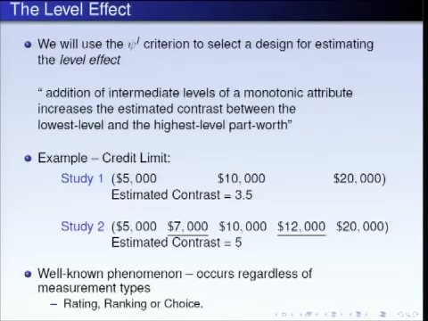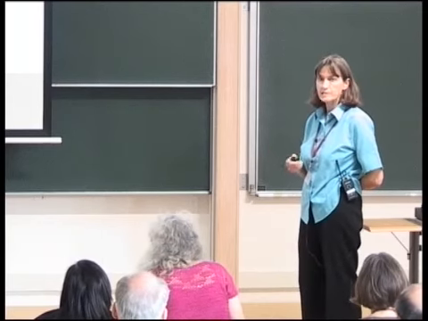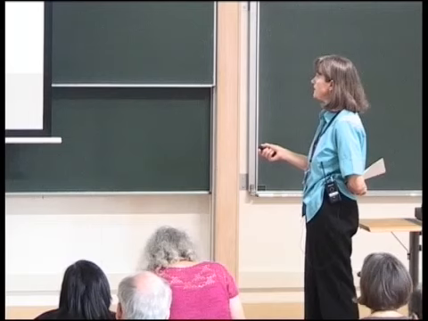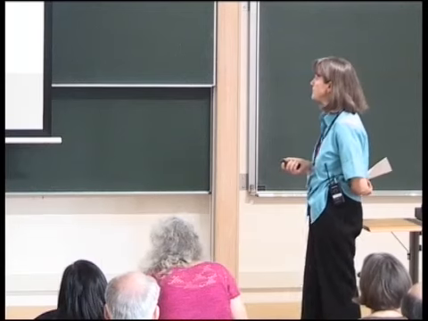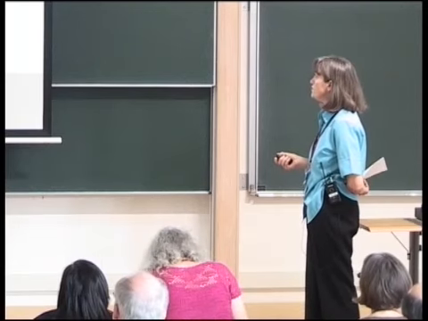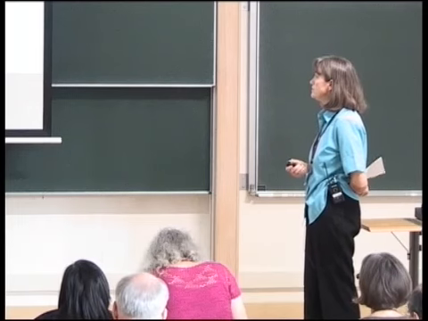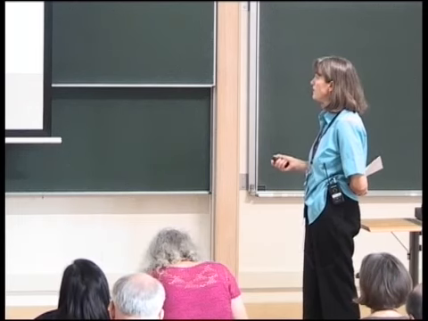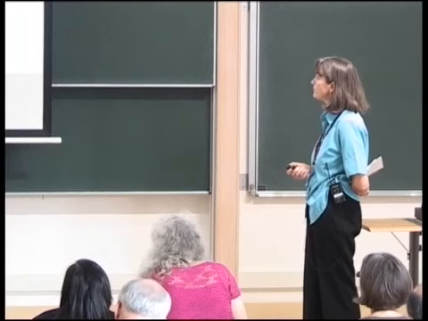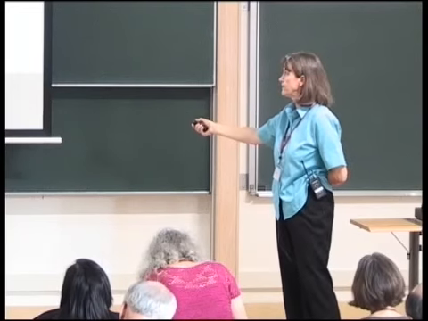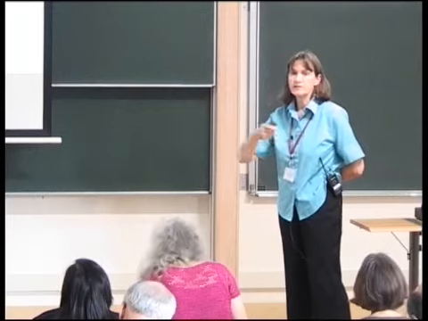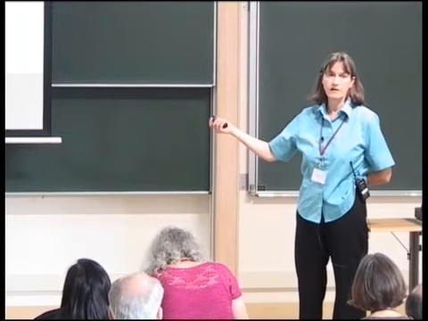Okay, so this causes a problem, because if you have a study and you're trying to work out whether credit limit is an important feature, an important attribute in people's choices of credit card, you do the study and you make your estimates of your part worths, 3.5. But then the person is actually going to select a credit card from the marketplace, and the marketplace is going to have maybe 10 different credit cards to choose from.